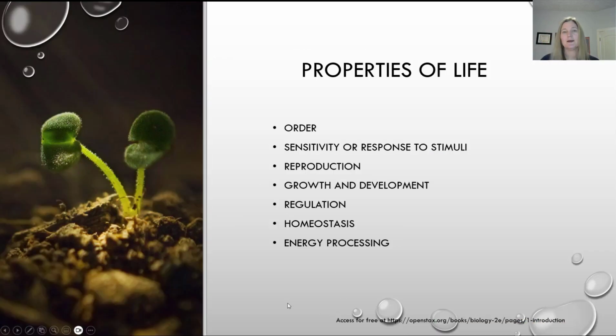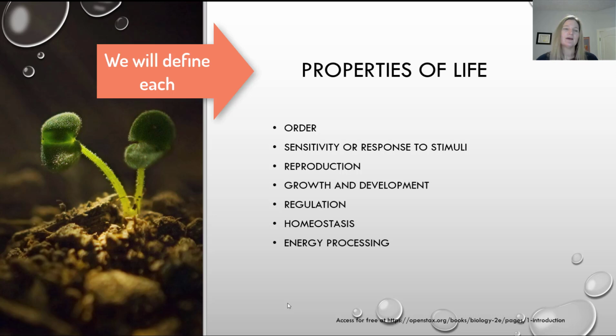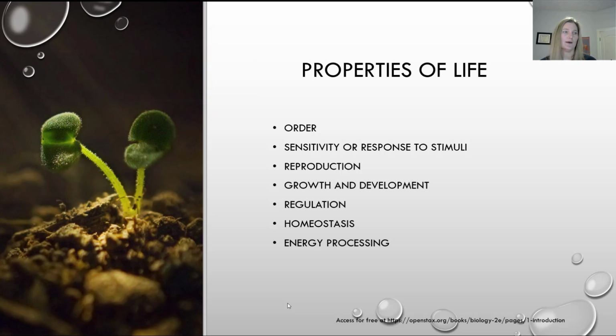So let's start by describing the properties of life. Here is a list of the 7 properties of life. Now, I've looked through a number of different textbooks, and I've taught out of many different types of textbooks, so the properties of life in each textbook may vary.